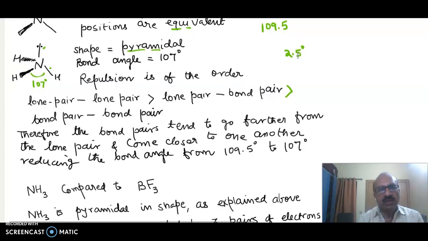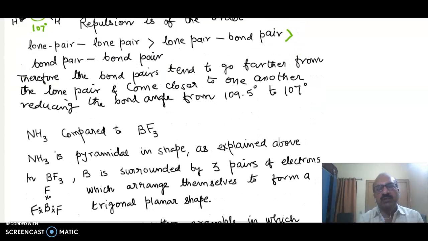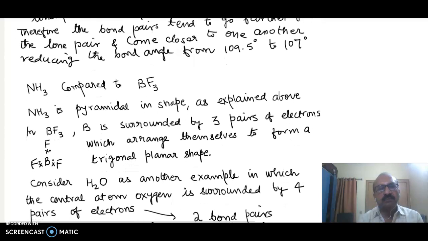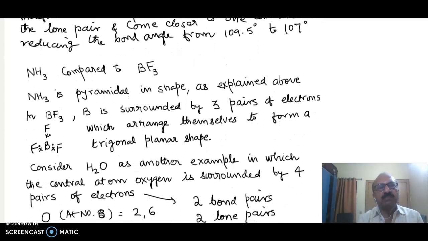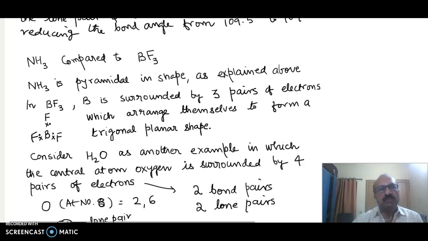Now, if you consider ammonia together with boron trifluoride, it appears that the shape could be similar, because here also there is a central atom surrounded by three other atoms. So we may consider that the shape of ammonia would be the same as the shape of BF3, but it's not the case.